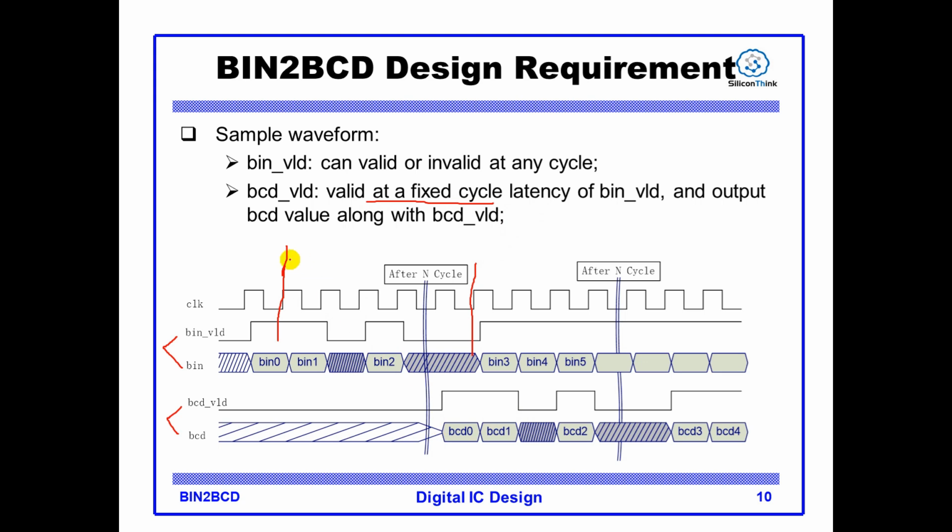If this cycle is k, then the cycle here to here must be also k cycles. And this is also true for this. For this should be k cycles.